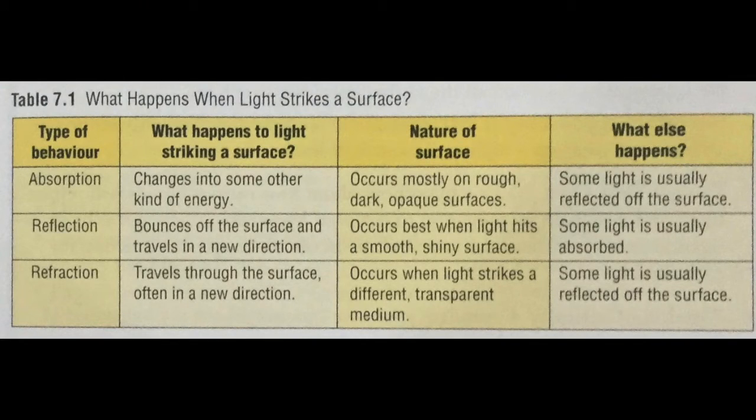Table 7.1 summarizes what happens to light when it strikes different surfaces. Sometimes all three light behaviors happen at once. Light from the sun can reflect off the still surface of a lake to produce a mirror-like reflection. At the same time, the water can absorb light, transforming the light energy into thermal energy.